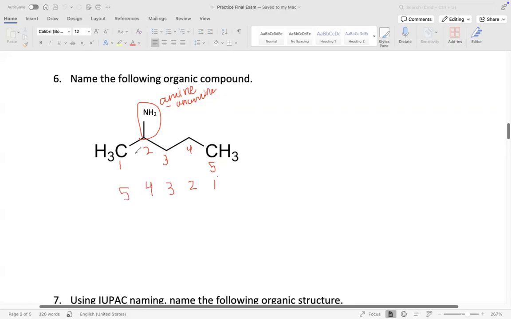In this case, left to right makes more sense because it puts it at carbon 2 versus carbon 4. So we're going to number like we read, just normally on this one. In the main chain, we have 5 carbons, so that's pent. And then we have amine.